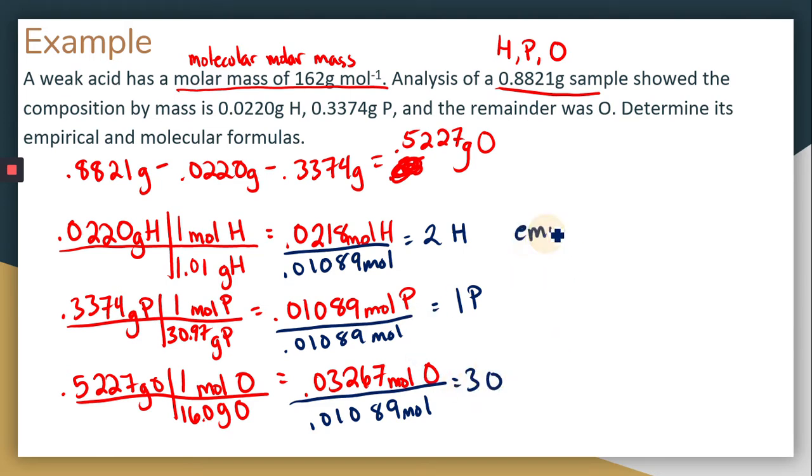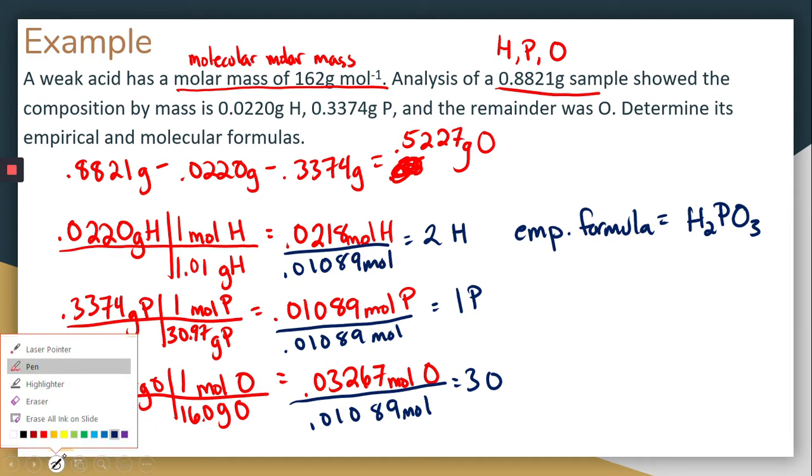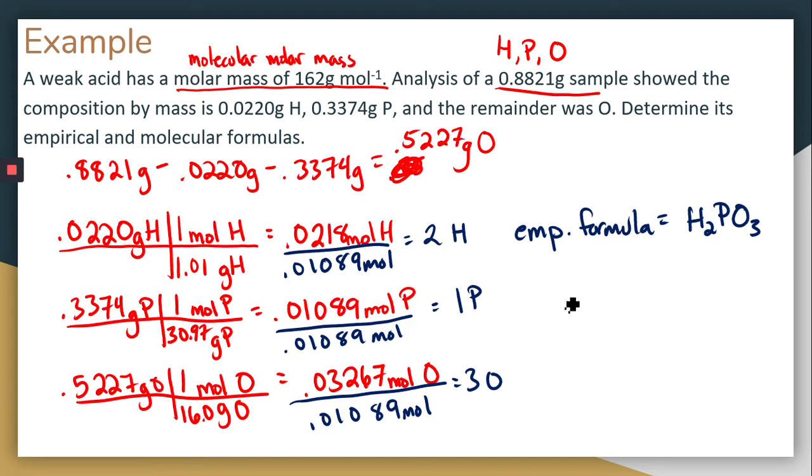So the empirical formula would be H2PO3. So to find the molecular formula, let me change colors. We would want to divide the molar masses.